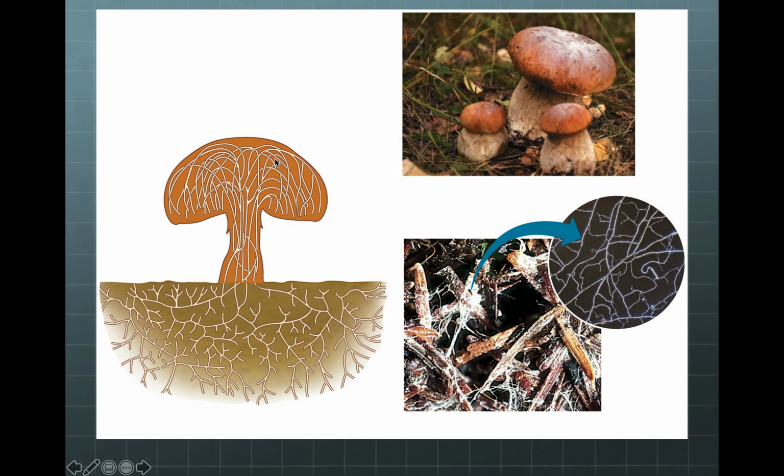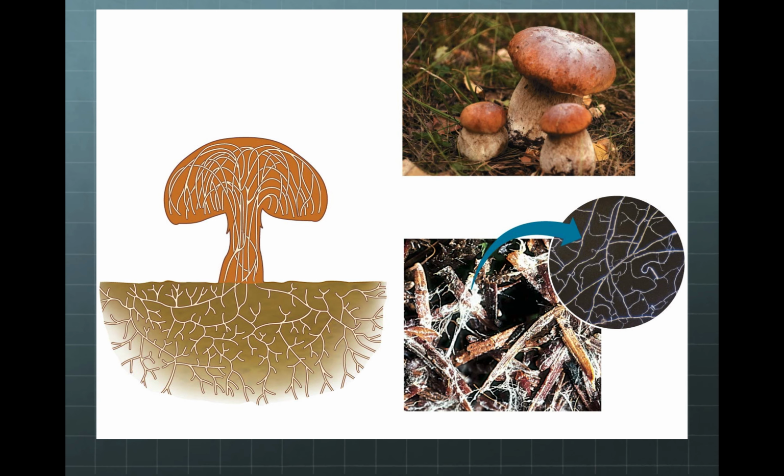Now, looking at our mushroom here, you can see that each one of these long threads, that's a hyphae. When it gets below ground and it gets all tangled up together, this would be called a mycelium. And the hyphae reach down into the ground, and this portion that we're looking at above ground is just called the fruiting body.